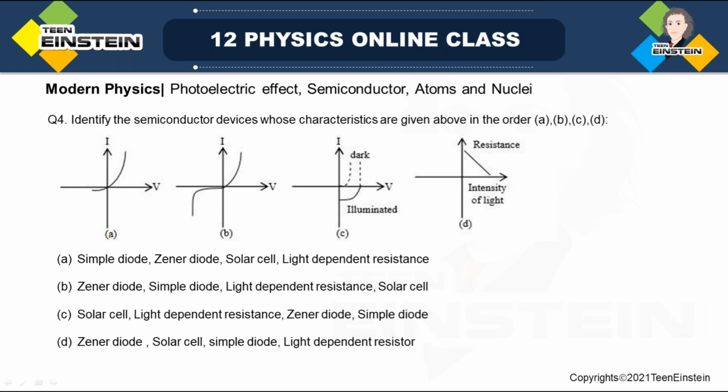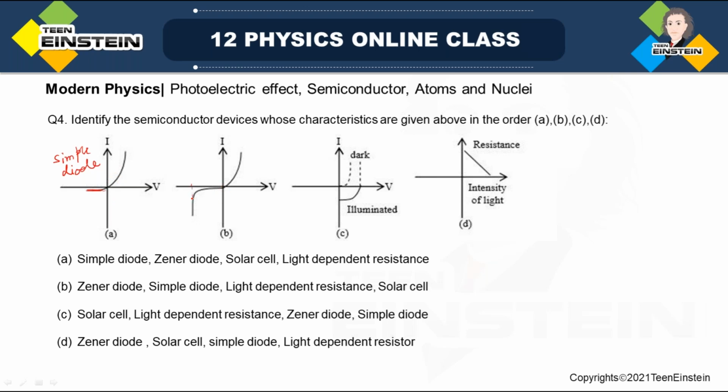So like that, A, B, C, D, which one is sequentially? In this case, obviously, you can understand, this is a simple diode, right? This is showing the forward current, and this way it is the reverse saturation current. It is independent of voltage, that we know. So this can be assigned to a simple diode. And you look, this is very well known for us.